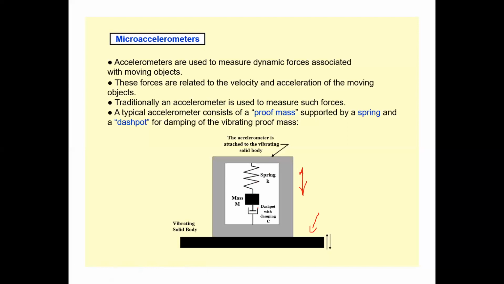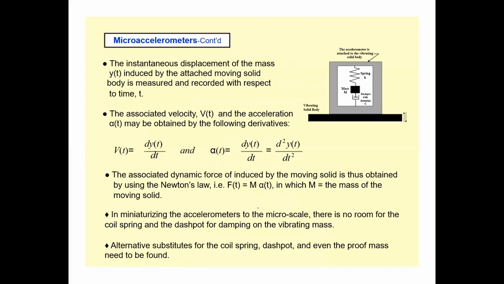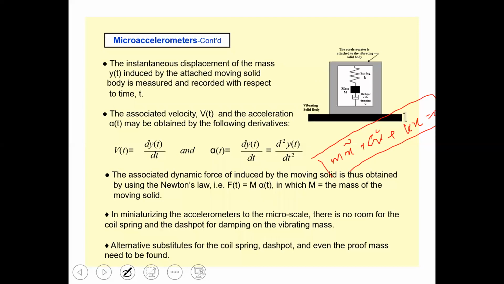The equation of motion will be just like the standard equation which we generally write: m x double dot plus c x dot plus k x equals 0. This is a standard single degree of freedom system having mass m, damper c, and k as the spring stiffness. This is what they have written over here as well.